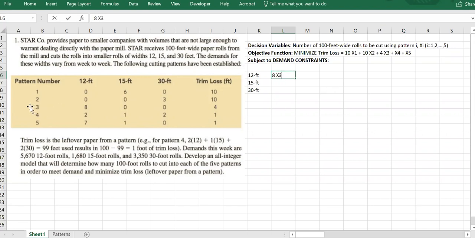Per each roll that you cut using pattern 3, there's going to be 8 12 foot rolls produced. So the total is 8 times x3 plus 2 times x4 plus 7 times x5.